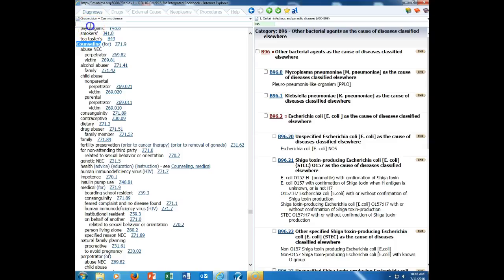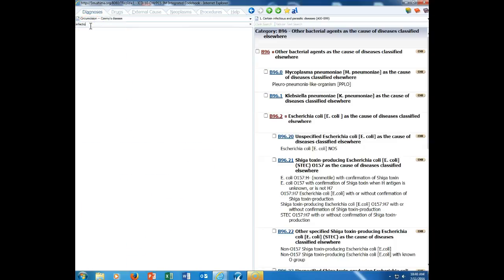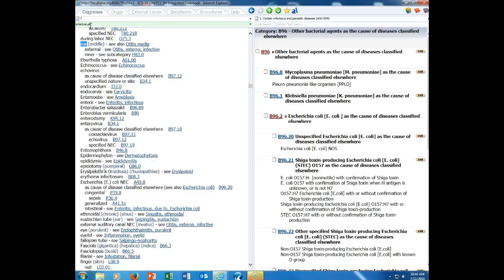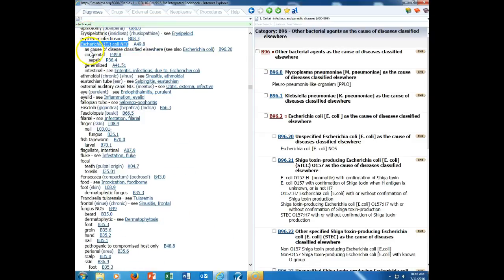If we go to infection, and then look at Escherichia coli, you can see that there is a code just for this organism, A49.8. But if I have a UTI that's due to Escherichia coli, I'm going to use the code B96.20 because the Escherichia coli is causing a disease in another body system.